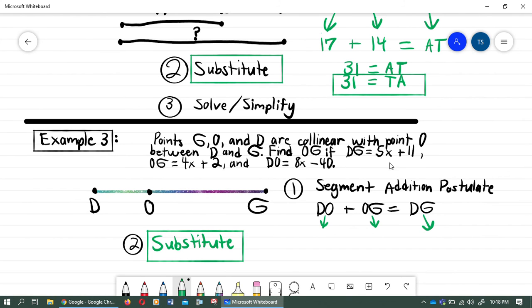We were told that DO was 8x minus 40, right? So DO was 8x minus 40. We still going to have the little plus sign here. OG, we were told that was 4x plus 2. We still going to have the equal sign here. And guys, we were told that DG was 5x plus 11.